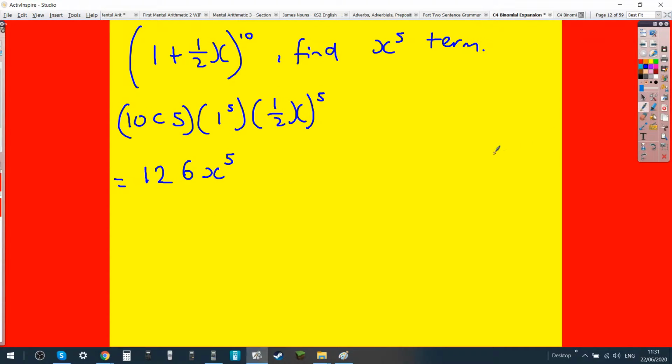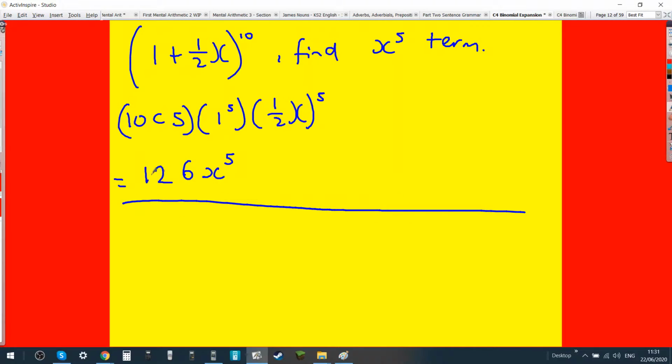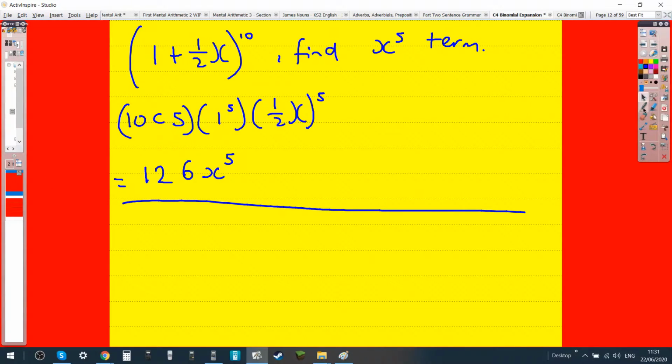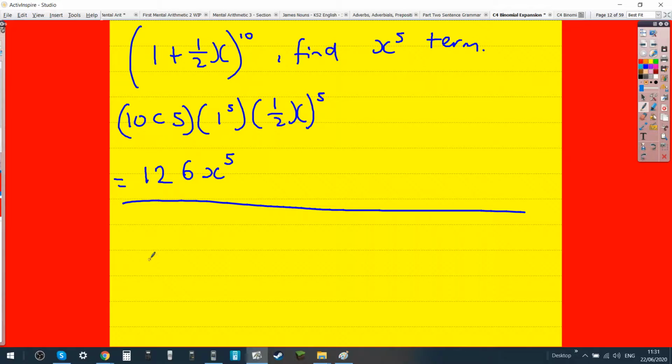If I do 1 to the power of 5 and then a half, do I need to do 10 nCr 5 and then times a half times x to the power of 5?